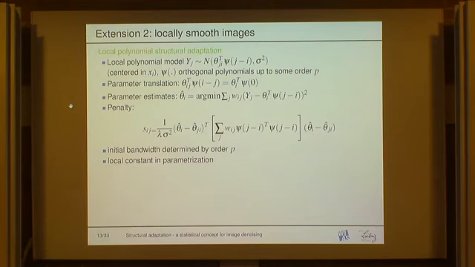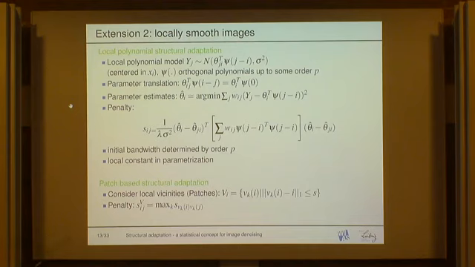And the initial bandwidth is determined by the order of the polynomial system, and what we get is a local constant parameterization. So the structural assumption here is that the image can be described local polynomially with constant parameters inside the homogeneous regions.